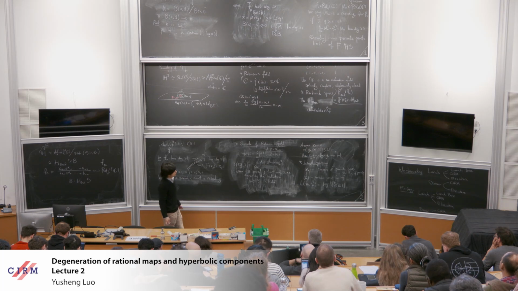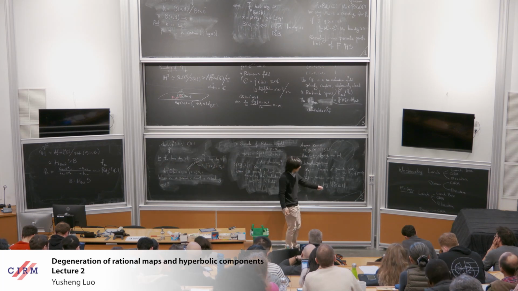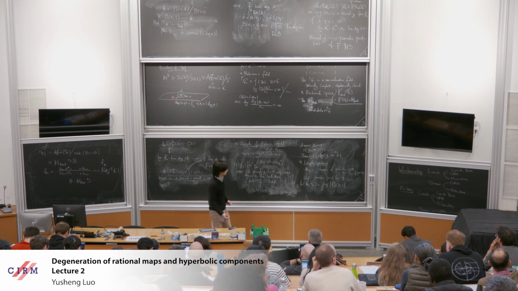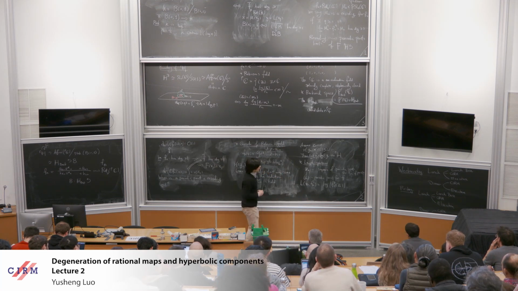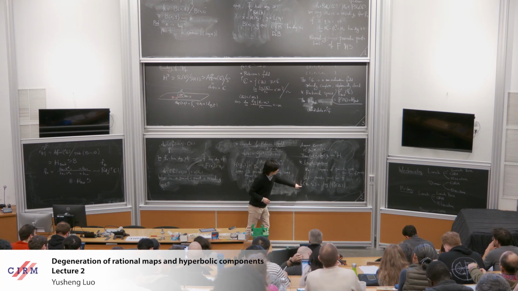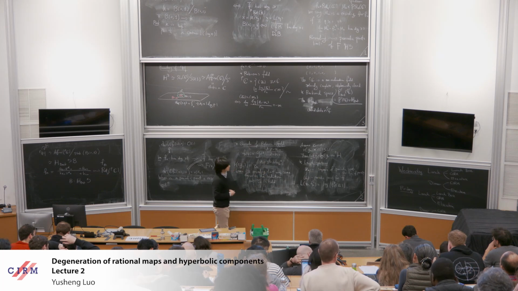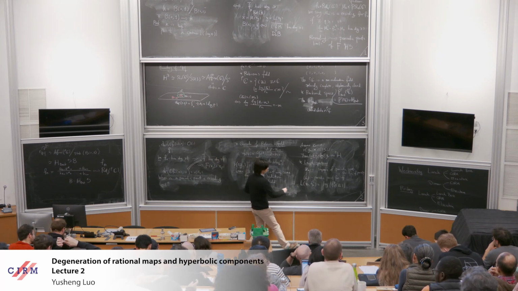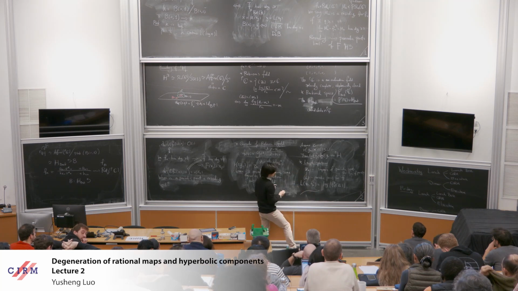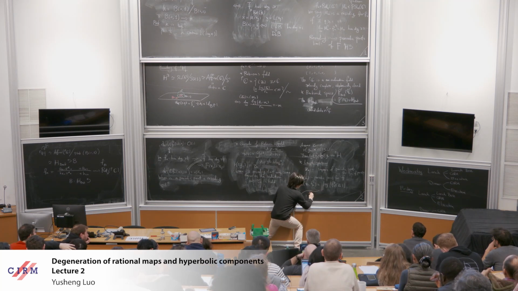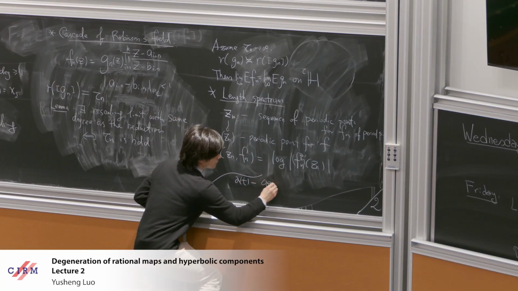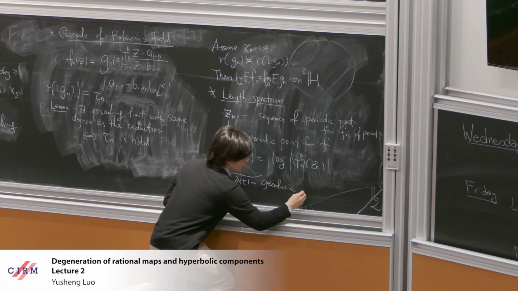We want to understand how these length spectra, or the lengths of these periodic cycles, behave as we degenerate. You can compute it as a sequence, but you can also compute it as the multipliers associated to the end. Here I'm going to parameterize I of t as a geodesic, or the ends.